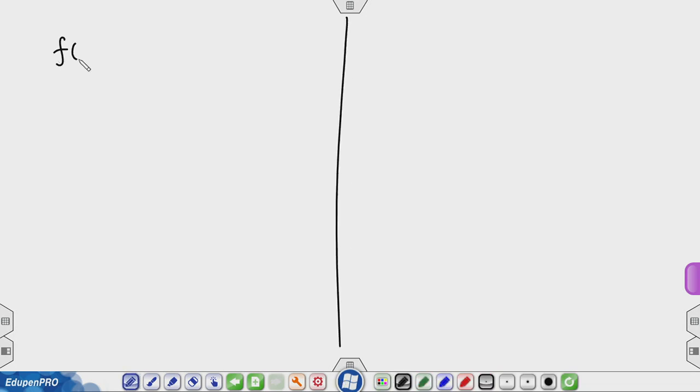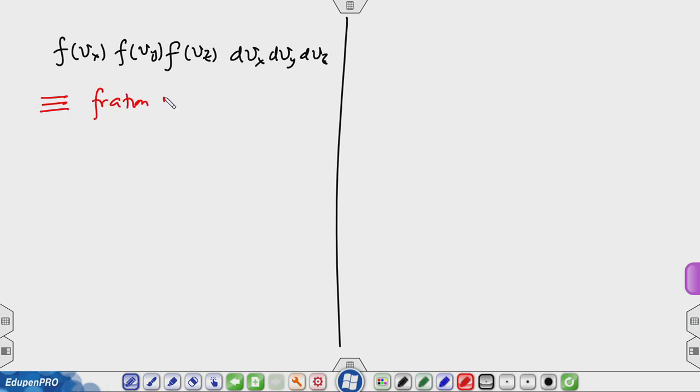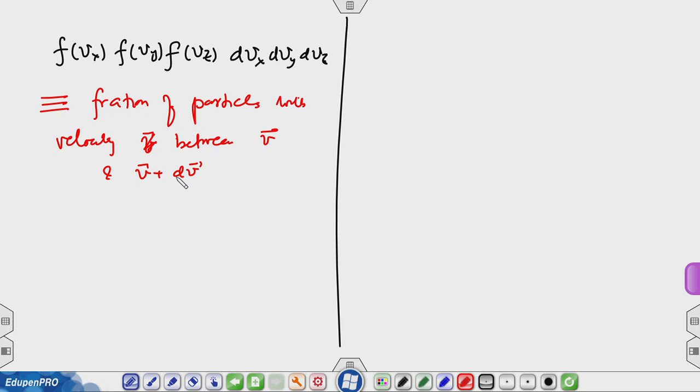So f Vx, f Vy, f Vz, dVx, dVy, dVz is equivalent to the fraction of particles with velocity between v and v plus dv, where v square is vx square plus vy square plus vz square.